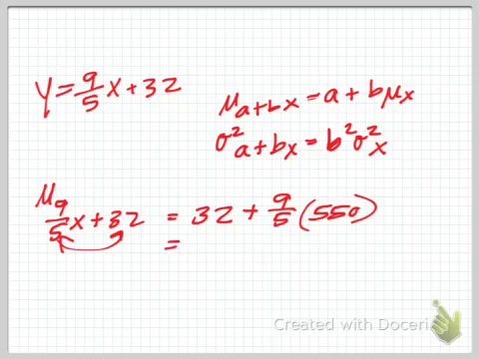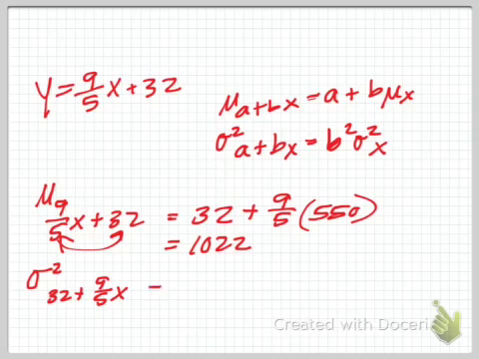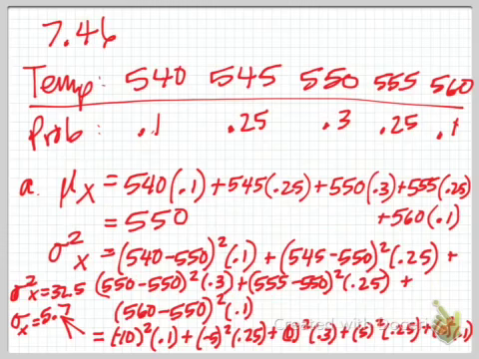I'll pause to calculate. I got 1,022 on that. And then sigma squared of 32 plus 9/5 x will be, I'm going to square the b that we had, multiply it by whatever our variance was. Let's get back and look at what that was. Our variance, remember, was 32.5.